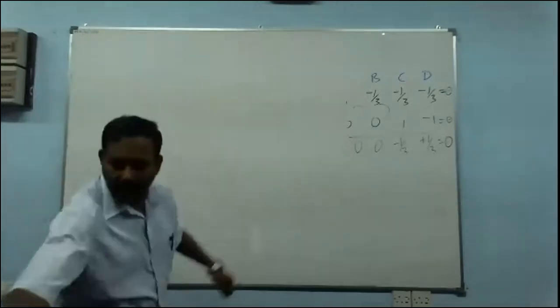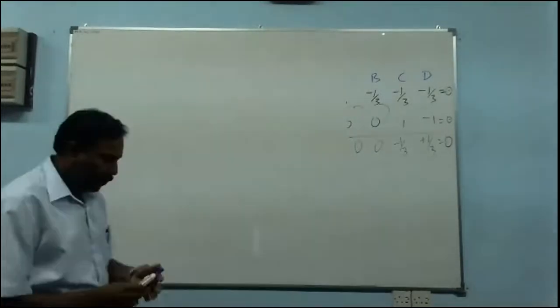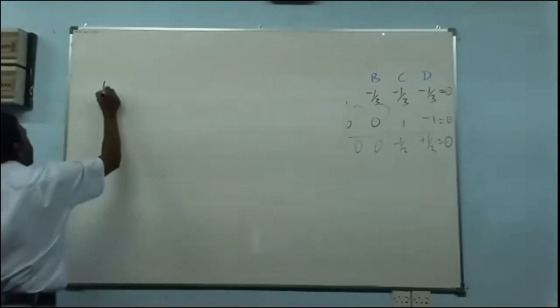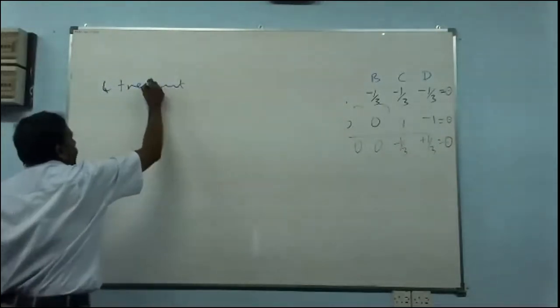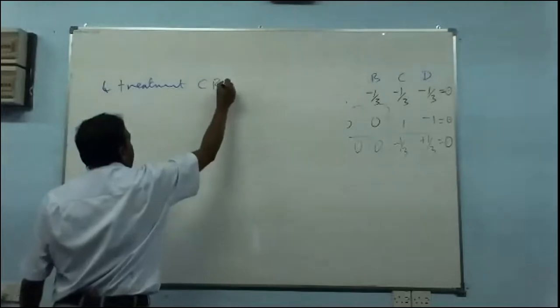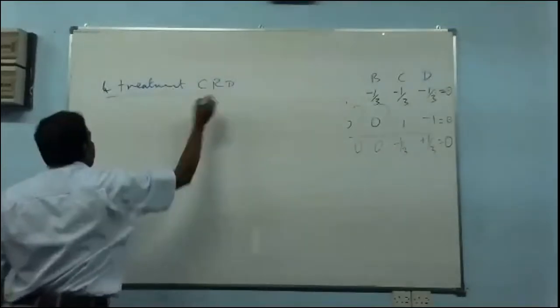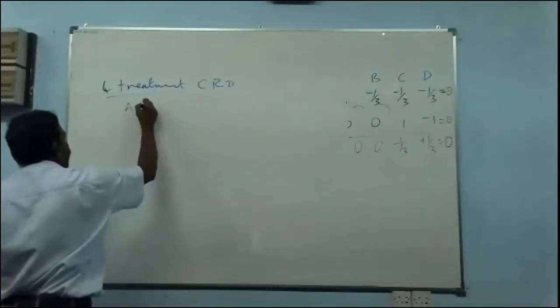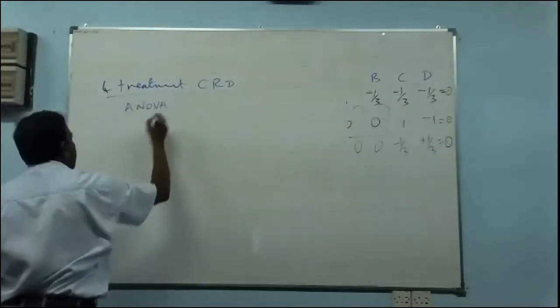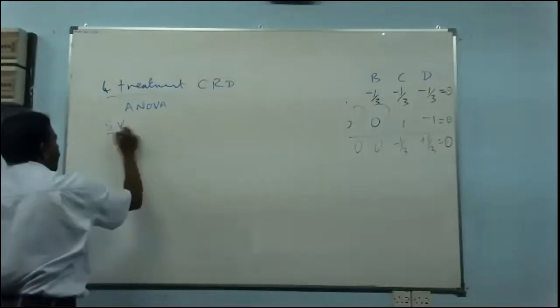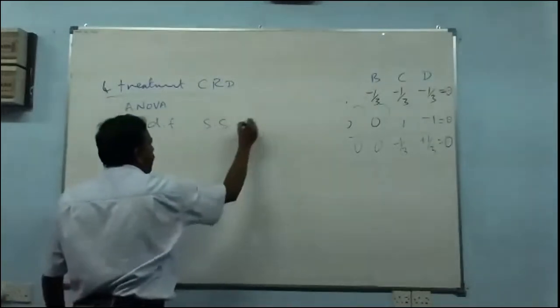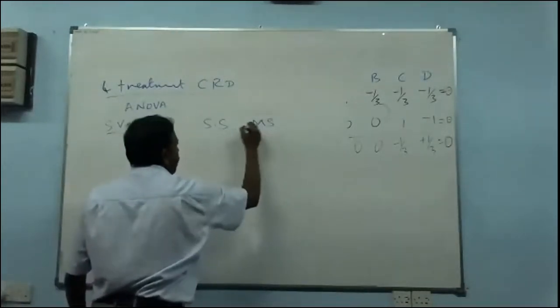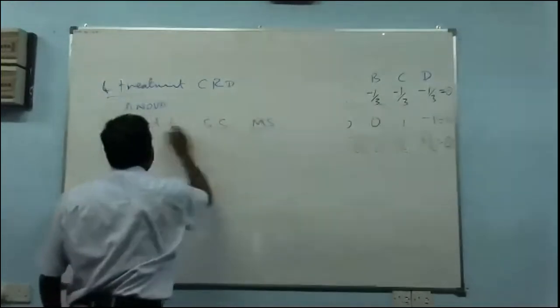Let's take, I have 4 treatments. Let's say Ci. How does the Anova table look? Source of variance, degrees of freedom, sums of square, mean square, and so on, right?